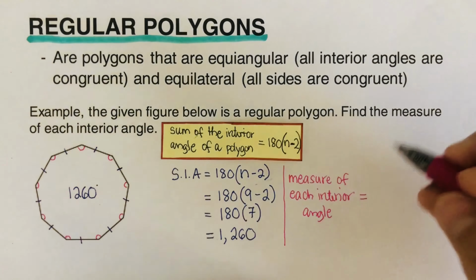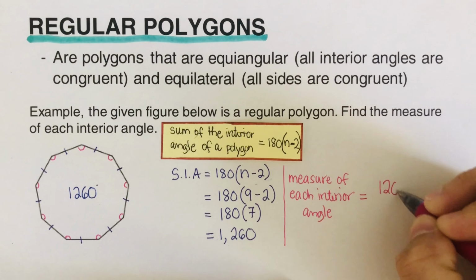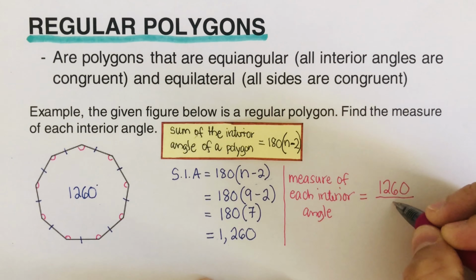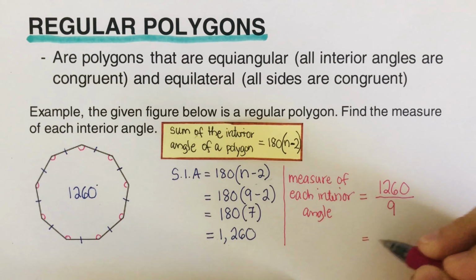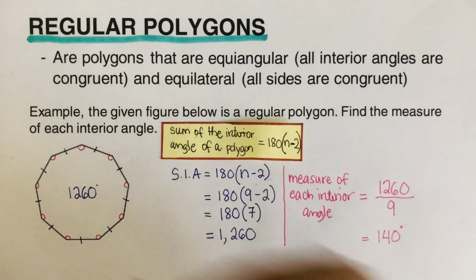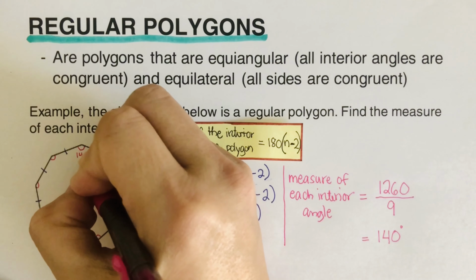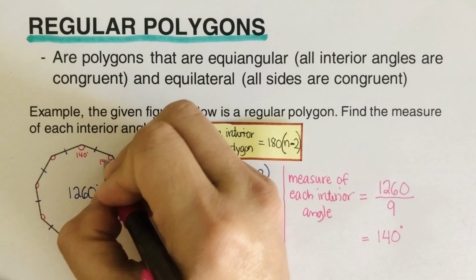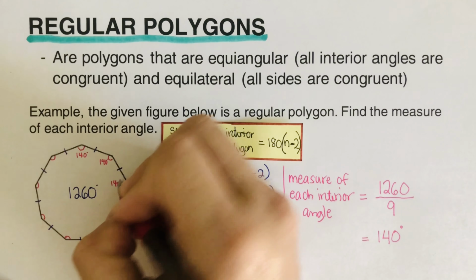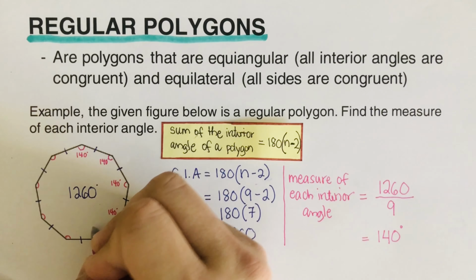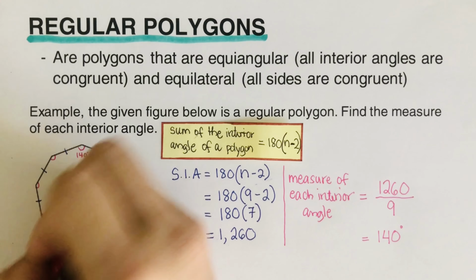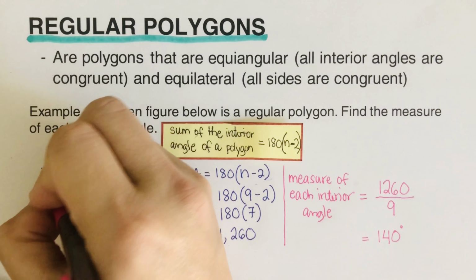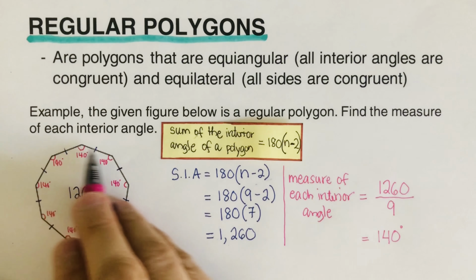Since the total is 1,260, I divide this by 9. And the answer is 140 degrees. So each of these corners is 140. If you add all of these 140 degrees, it will total 1,260.